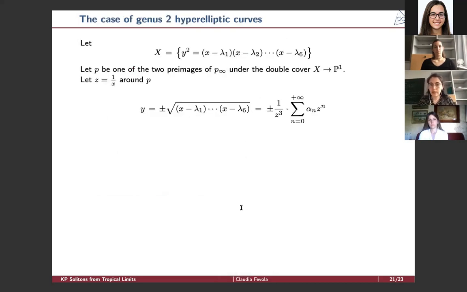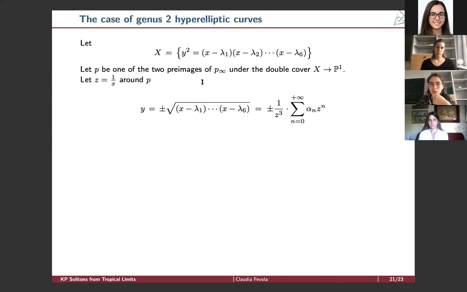This is the case, for example, of a curve of genus 2, a hyperelliptic curve of genus 2. Suppose the curve is given by this polynomial, where lambda 1 up to lambda 6 are distinct roots of this polynomial.